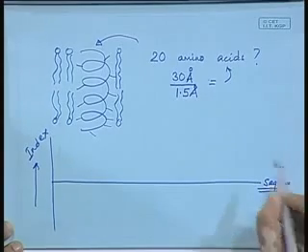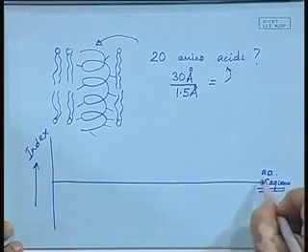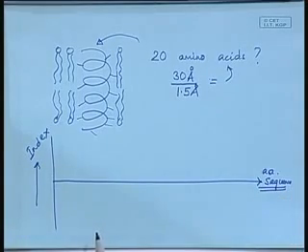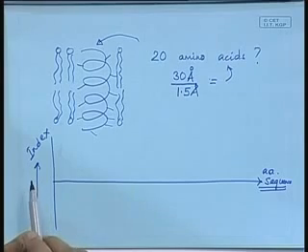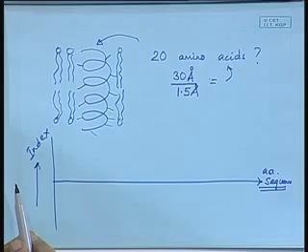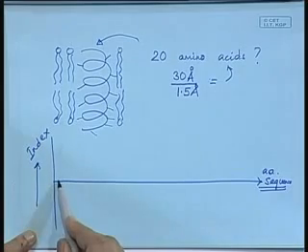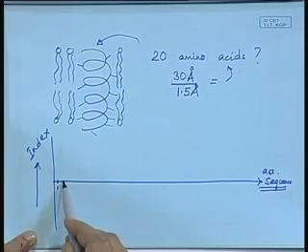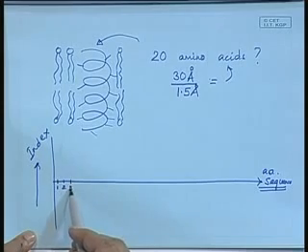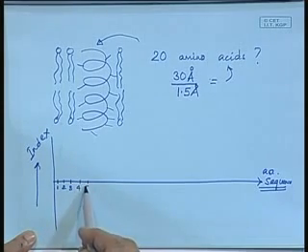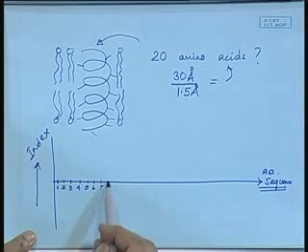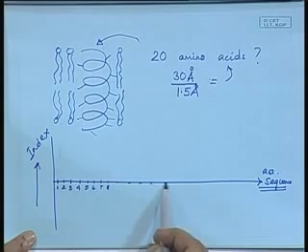So, we have the amino acid sequence on the x axis and the index on the y axis. What is this index? It is the average index that we found in the previous slide. So, if I have residue 1 here, 2, 3, 4, 5, 6, 7, 8 and so on.